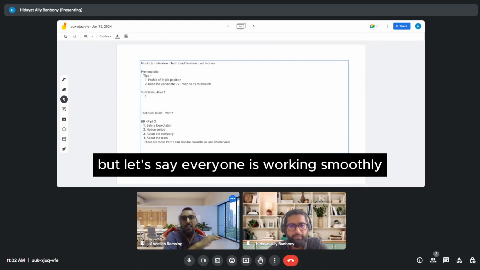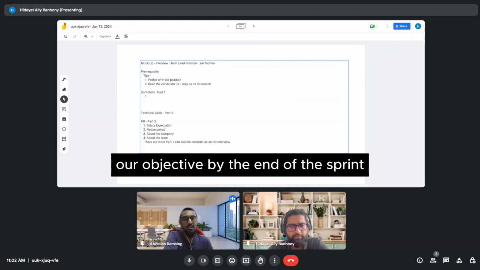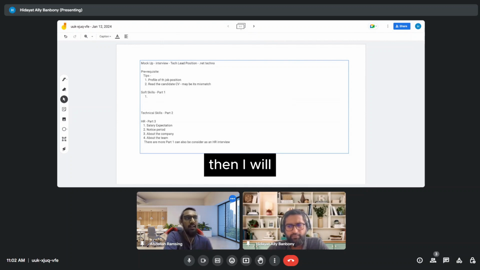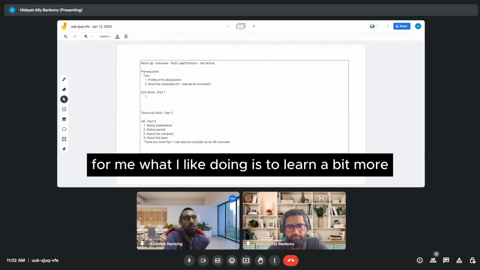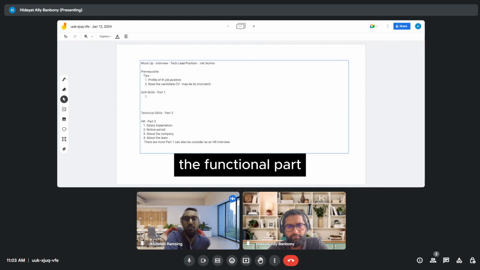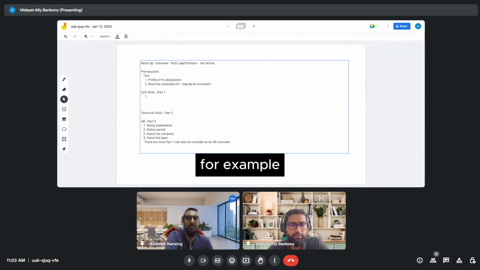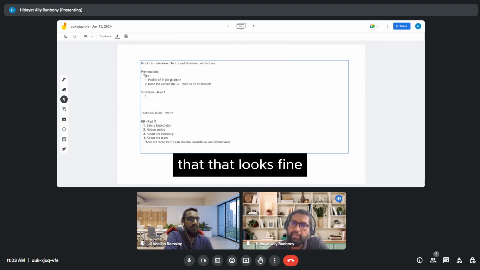But let's say everyone is working smoothly and we are expected to achieve our objective by the end of the sprint. Then what I like doing is to learn a bit more about the technology, but also about the domain, the functional part, and maybe sit down with the PO or business analyst to understand more of the business logic, for example.